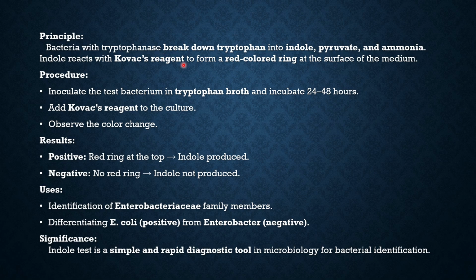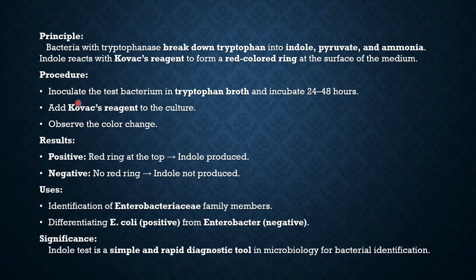The detailed principle is here. Bacteria containing the enzyme tryptophanase break down tryptophan to indole, pyruvate and ammonia. Indole reacts with Kovacs reagent and forms a red colored ring.